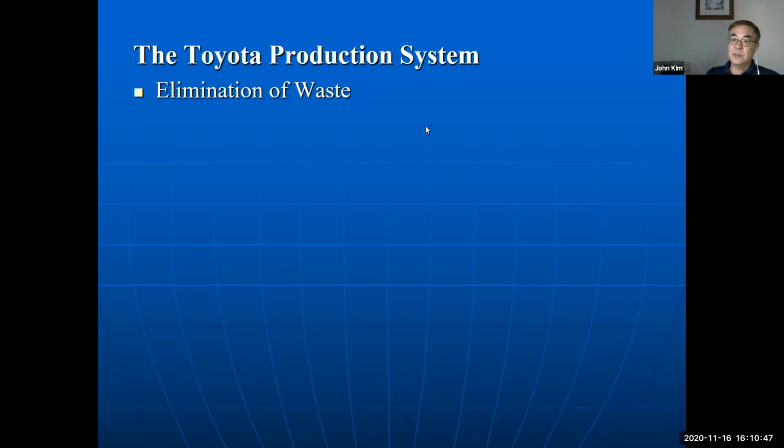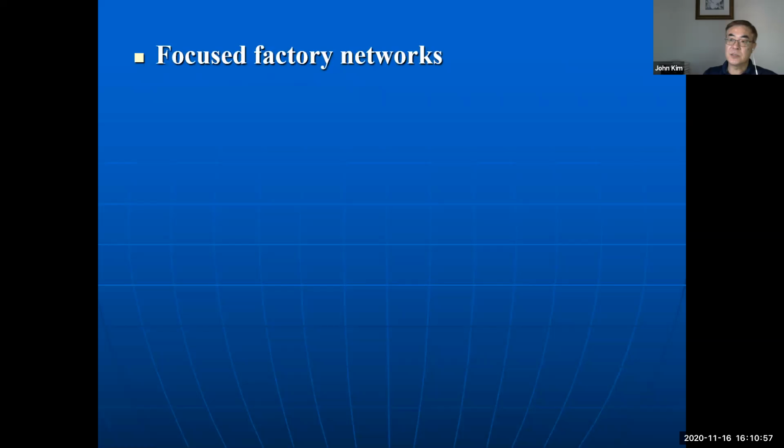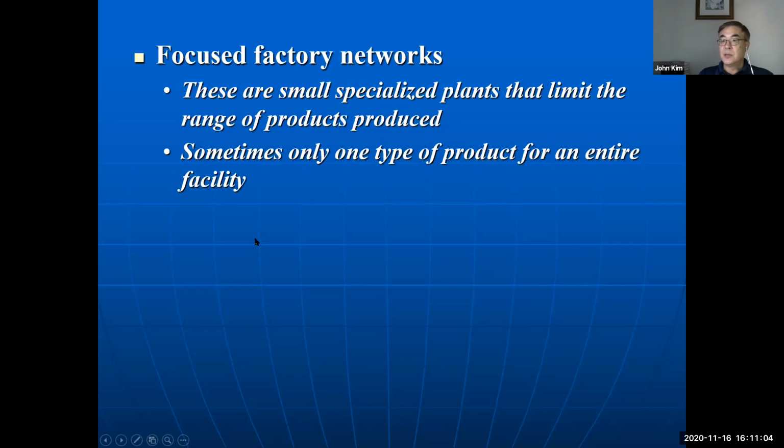In Toyota production system, how they eliminate waste. So using focused factory networks. This one is a small specialized plant that limit the range of product produced.